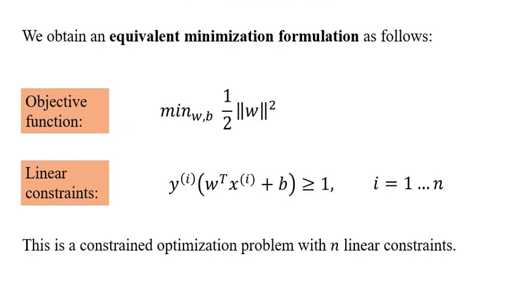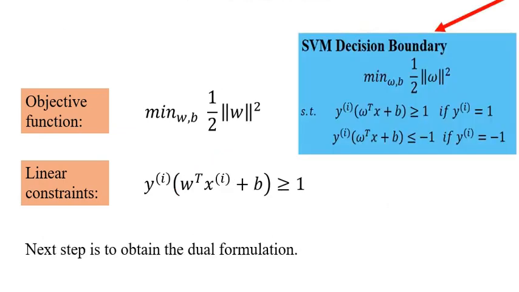And the linear constraints are given as follows: yi (Wtxi plus B), so this is actually a dot product, is greater than or equal to 1 for all the n samples. So this is a constrained optimization problem. This optimization is constrained by n linear constraints, because we are assuming that there are n samples.